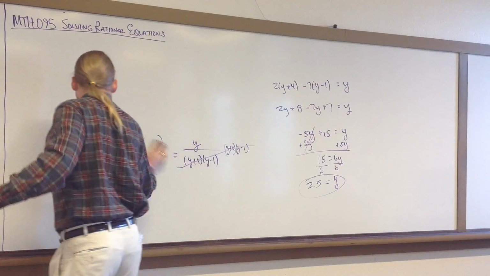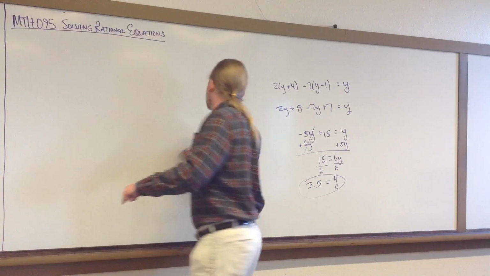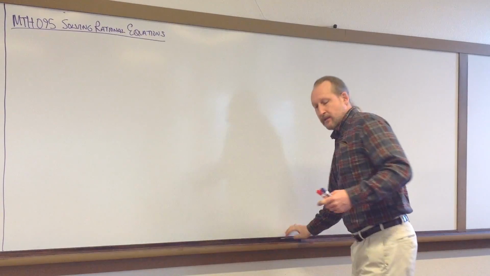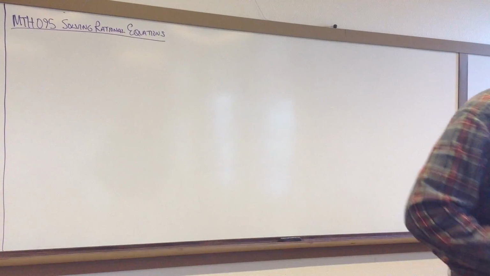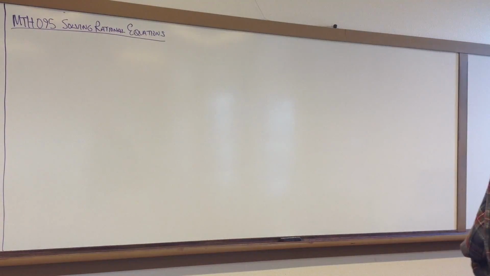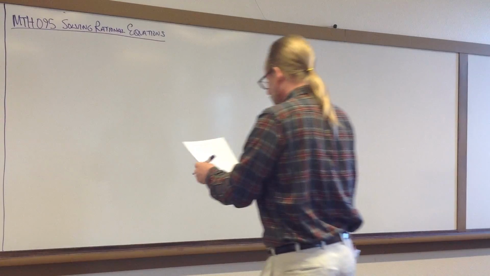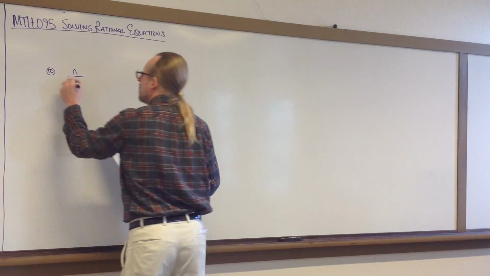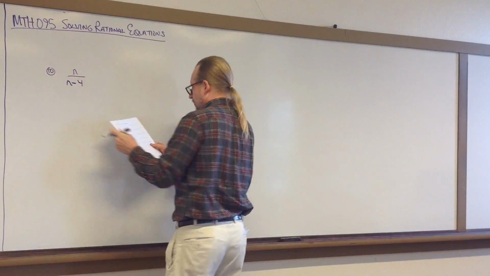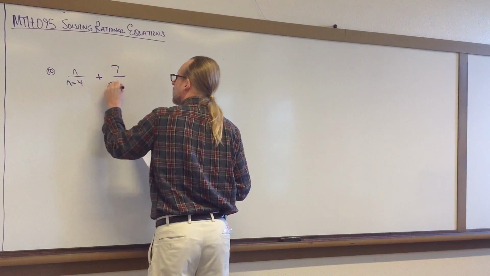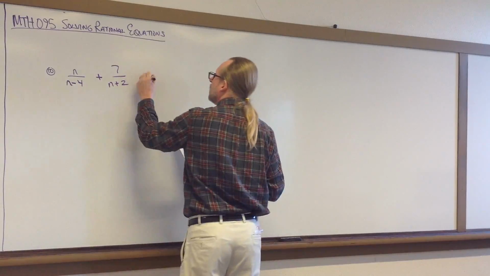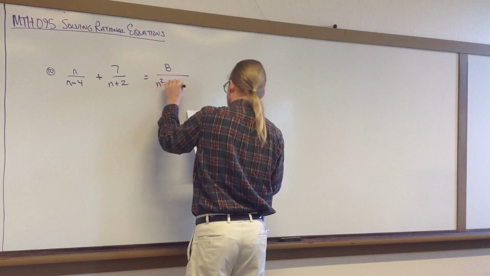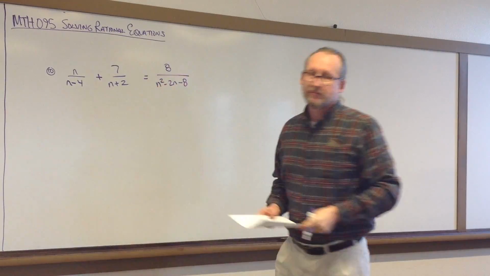I think in problem 10, we may run into a quadratic, but we'll take a look at it and see. That's the last problem on the assignment here. All right. n over n minus 4 plus 7 over n plus 2 equals 8 over n squared minus 2n minus 8.